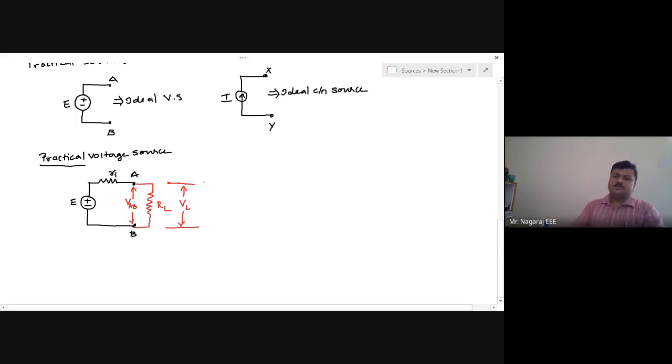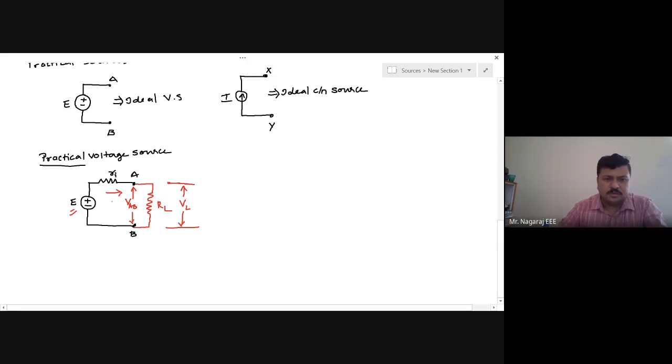Now, observing the circuit, the voltage available at the load is not E volts, but VAB volts, which is equal to VL, which is slightly lesser than the voltage E. Because when I connect the load to this voltage source, the loop starts carrying current.